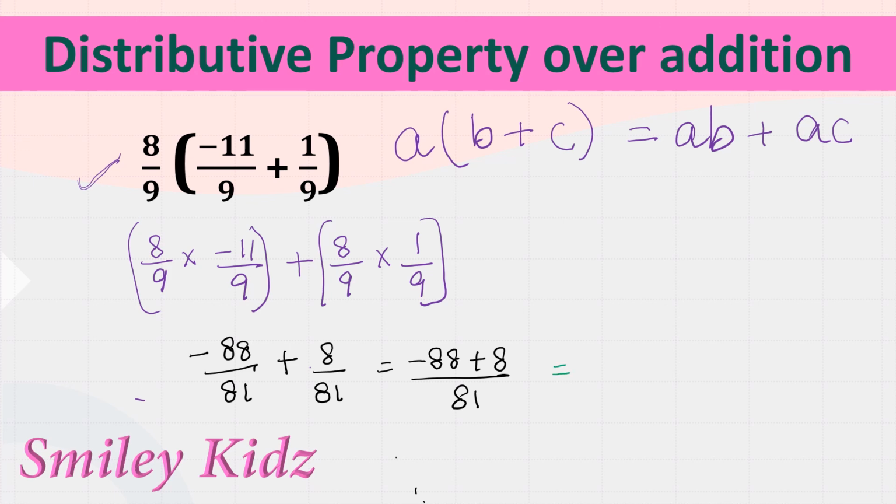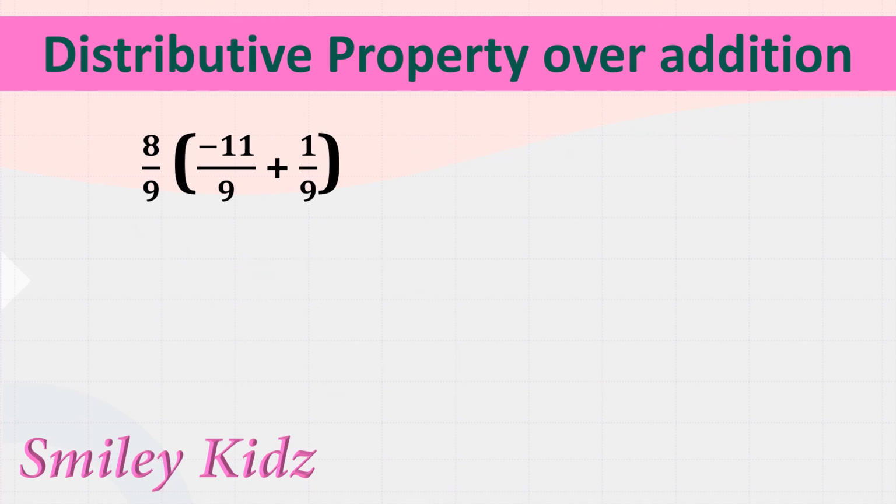Here we are having different signs, so we will be subtracting, which is equal to minus 80 by 81. When we solve this example, we got the answer as minus 80 by 81.